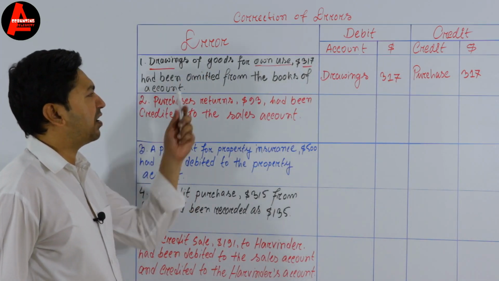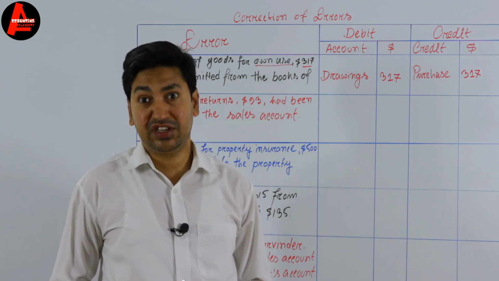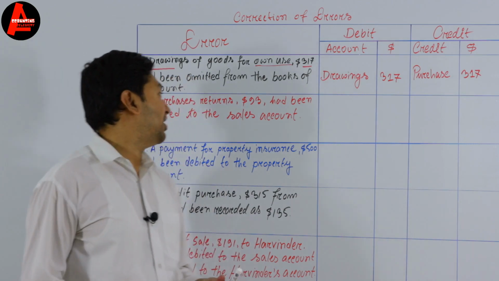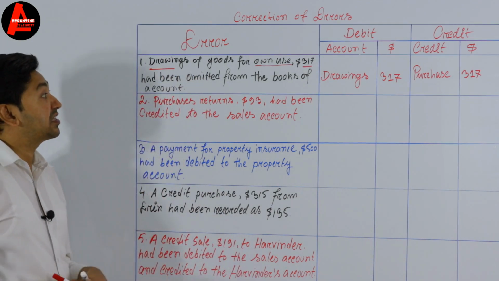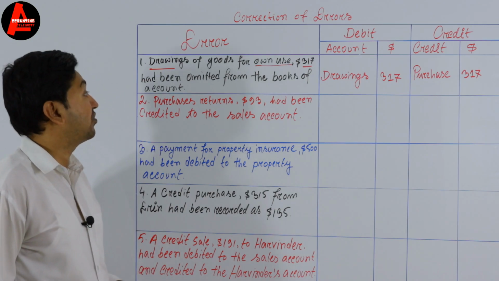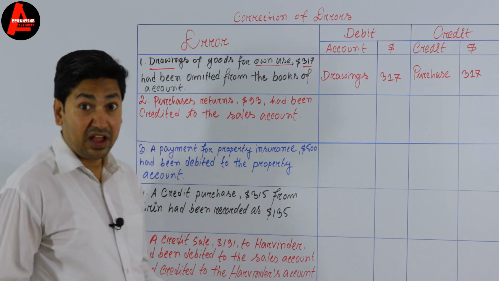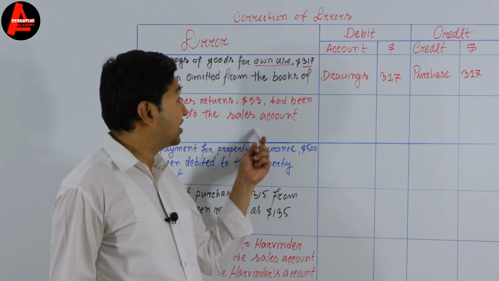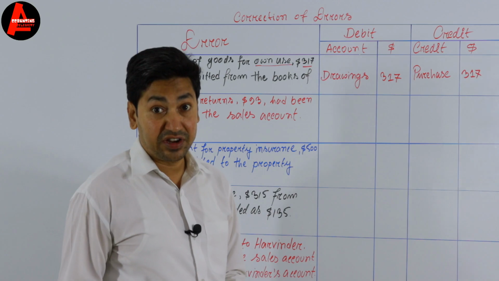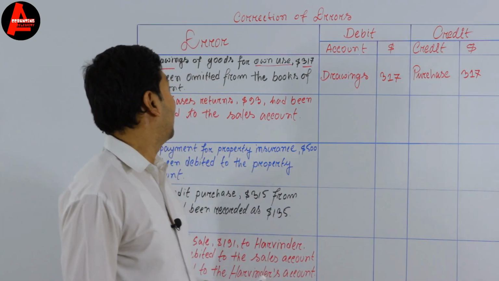Okay, so what type of error is this? It is an error of omission. Okay, so number 2, here we have purchases returns $93 had been credited to the sales account. Purchase return has a credit balance, and the sales account is also a credit balance. Both are nominal accounts.